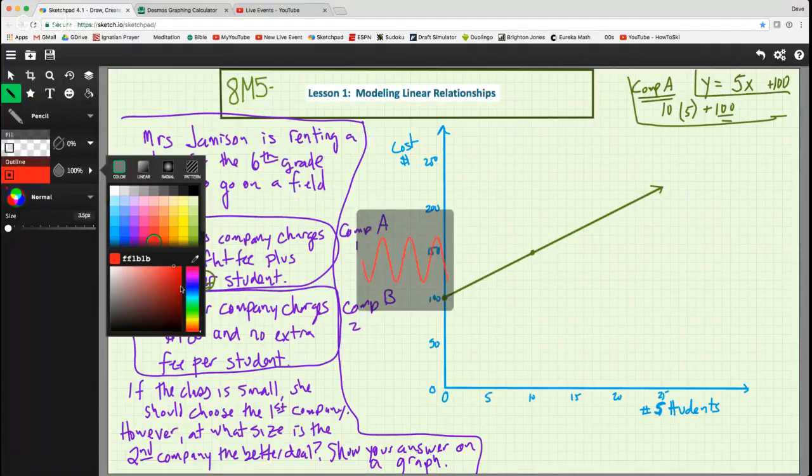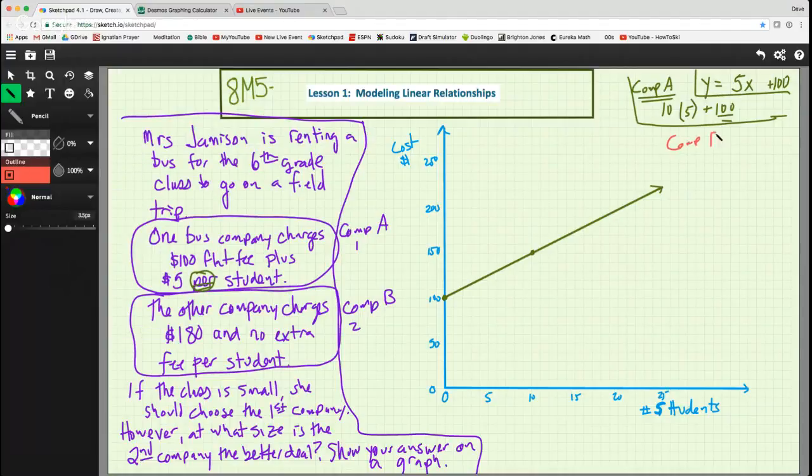Now let's go into a red, maybe a lighter red. We've never used this color, salmon maybe. And we'll do company B. So company B, we have our y-intercept. What's our y-intercept? Our y-intercept is 180 because 0 students cost $180. But how many did 10 students cost? 10 students also cost $180.